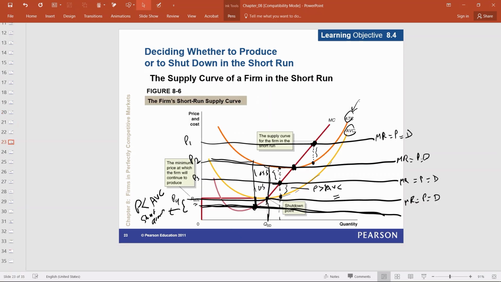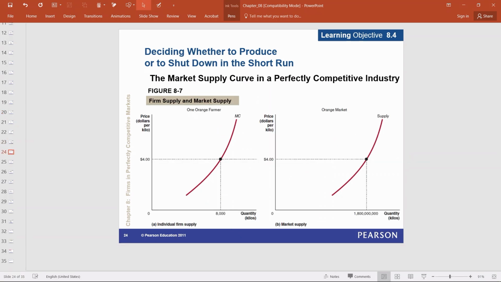Okay, so in this slide, it is just showing that the marginal cost curve is in fact the curve of the supply, or market supply. So all marginal cost curves for all producers or sellers in the market, if you sum them all, become the market supply.